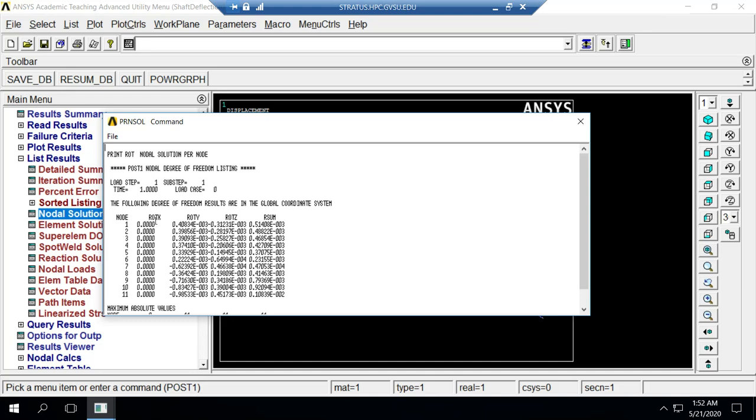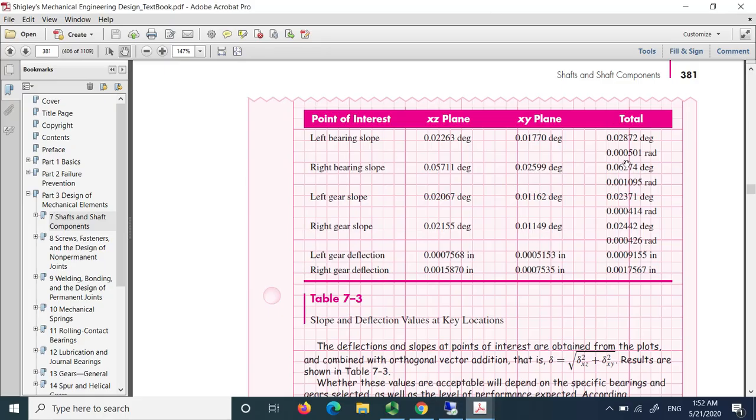For node 1, the total rotation I have is 0.0005, and this is what he has also, 0.0005.